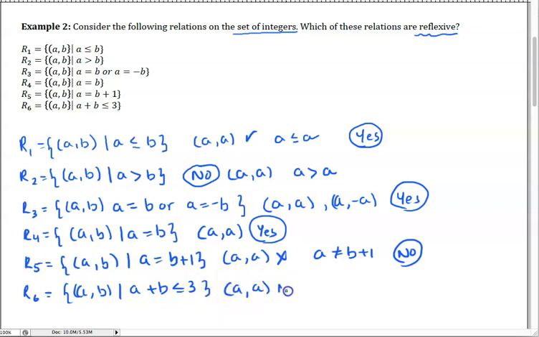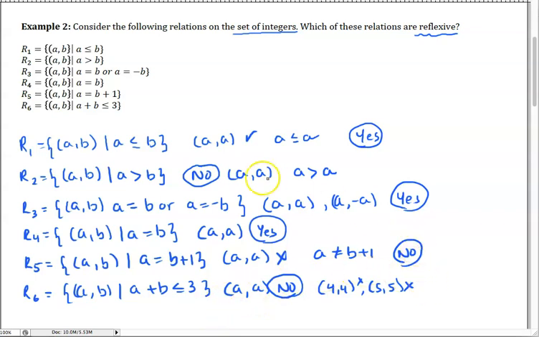So this relation would not be reflexive because it would contain some of them, like it would contain -1, -1, or 0, 0, or 1, 1. So there are some examples that would follow these rules, but it would not contain things like 4, 4, 5, 5. Right? These would not be in there because it wouldn't fulfill that inequality. So this is no, it's not reflexive because it contains some doubles, but not all of them.